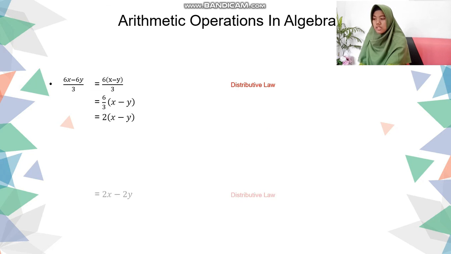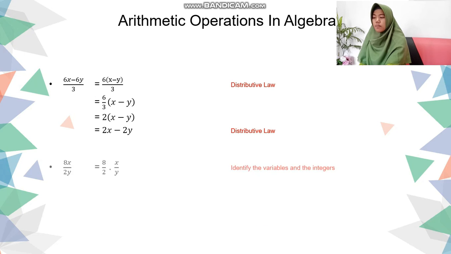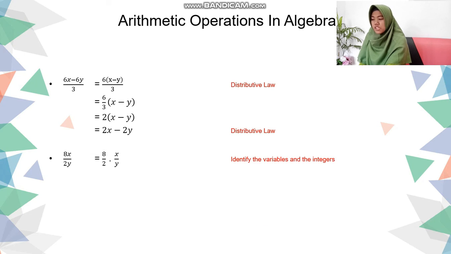Then using the distributive law again, equals 2x minus 2y. The third question, 8x divided by 2y. We identify the variables and the integers, equals 8 divided by 2 times x divided by y. Then using division properties, equals 4 times x divided by y.